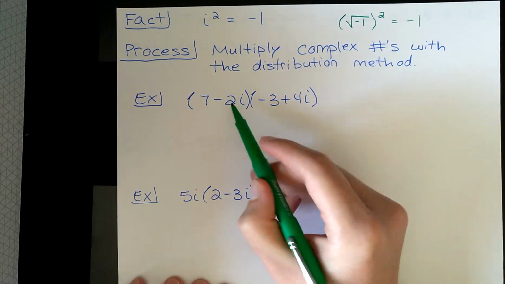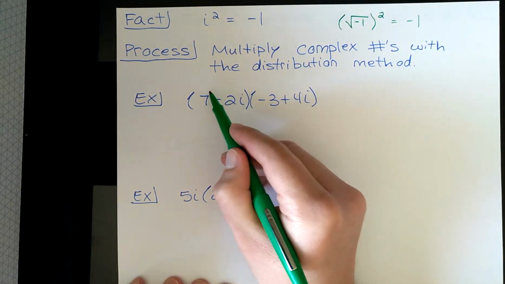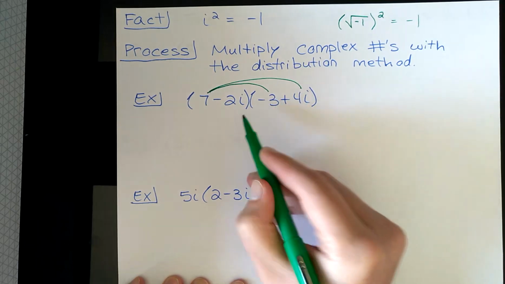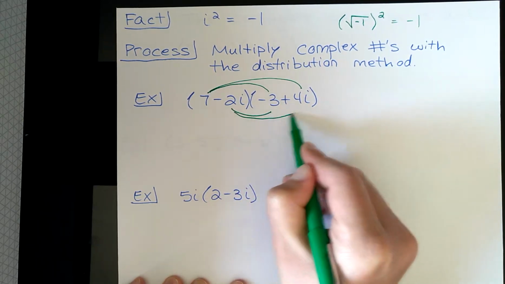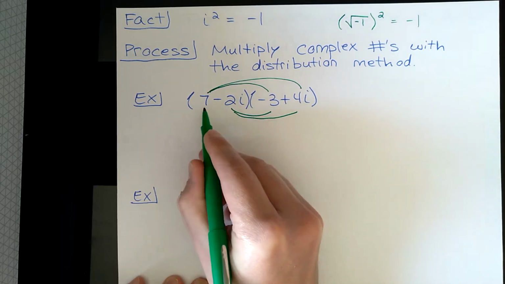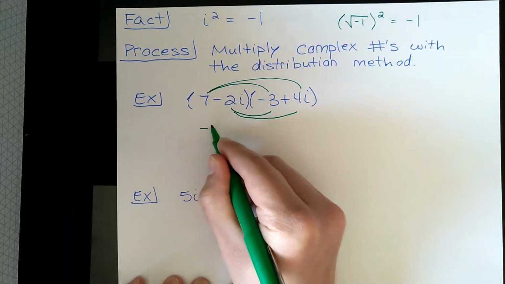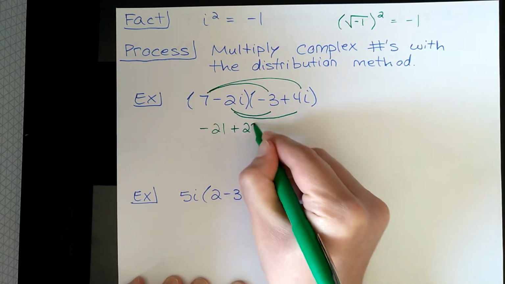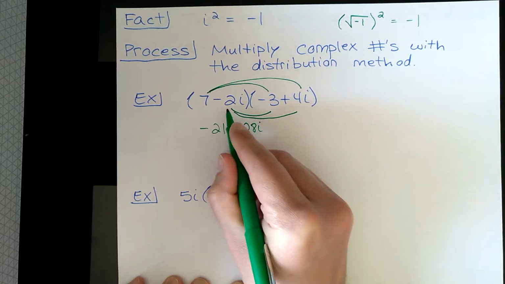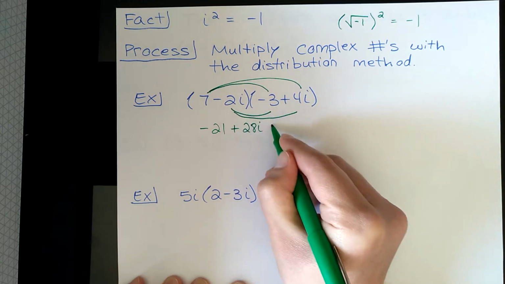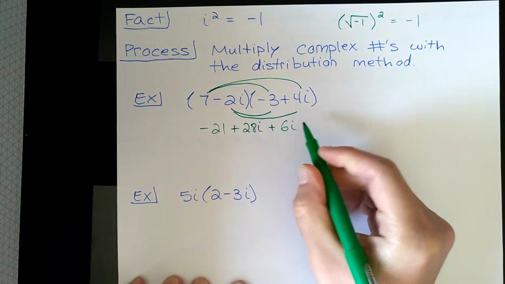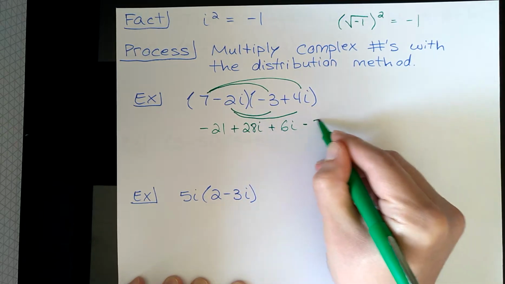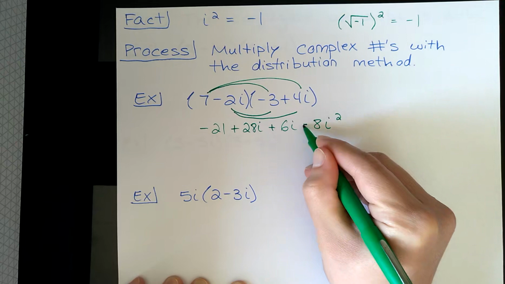So, first thing that we're going to do is distribute the 7 to the negative 3 and the positive 4i, and then we'll distribute the negative 2i to each of these terms, which gives us 7 times negative 3 is negative 21, 7 times 4i is plus 28i, negative 2i times negative 3 gives us plus 6i, negative 2i times 4i gives us negative 8i squared.